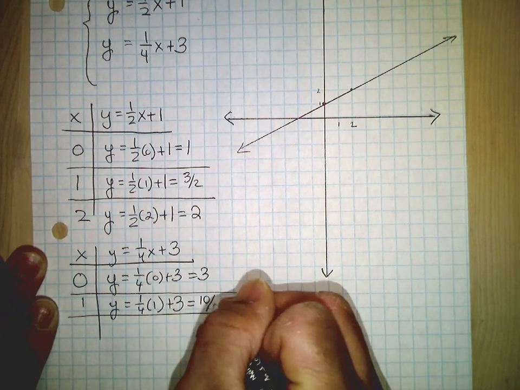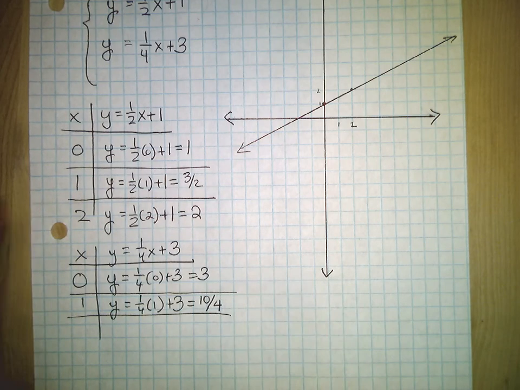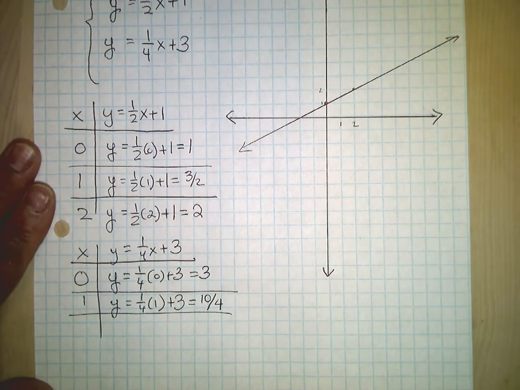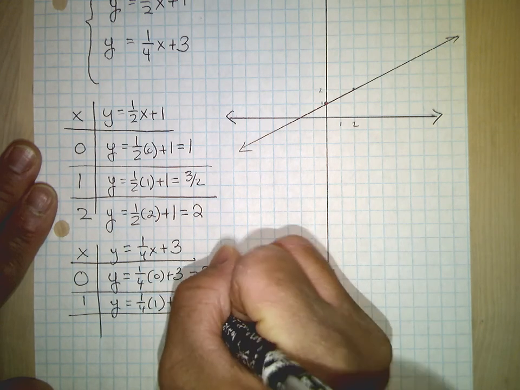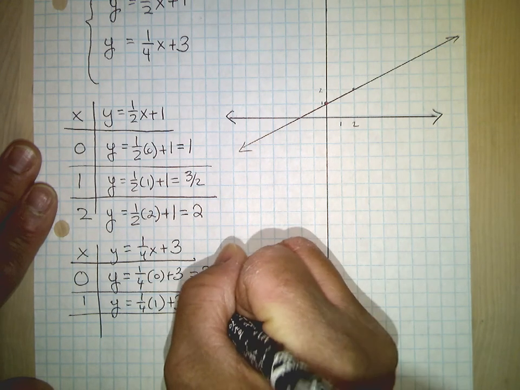That is 10 over 4. But, and again, I did that mentally, but actually that's not 10 over 4. Sorry. 13 over 4. I was looking at the number above it.